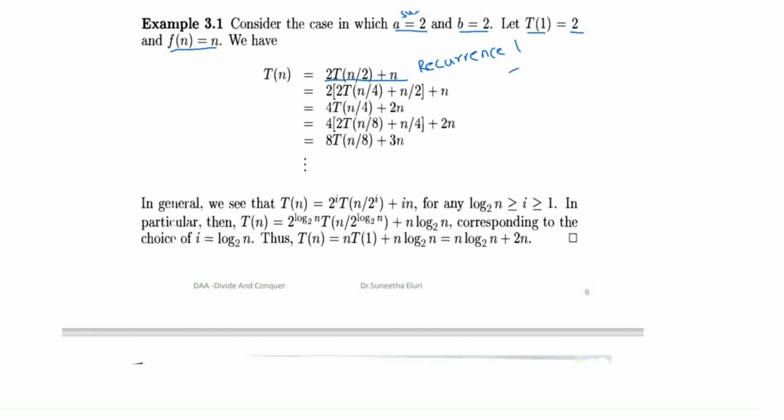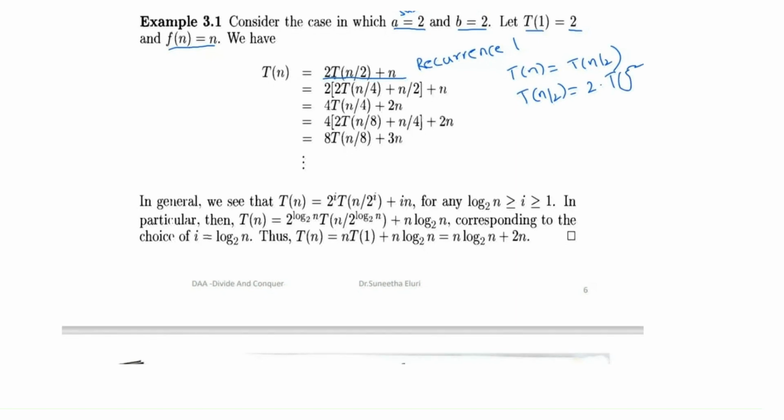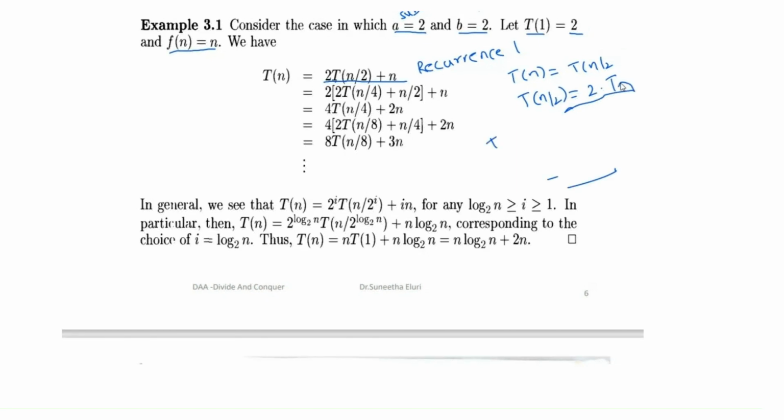Now I should replace T of n by 2. Consider the original equation. Now I should find T of n by 2, which is equal to 2 into T of n by 2 divided by 2, because in place of n I am having n by 2, plus f of n, which is again n by 2.